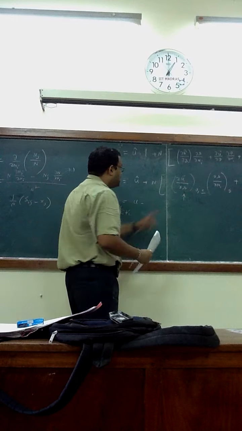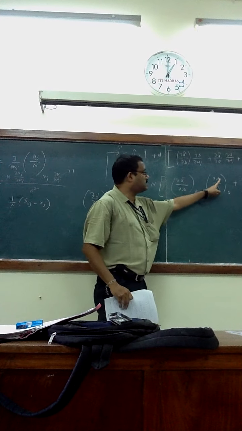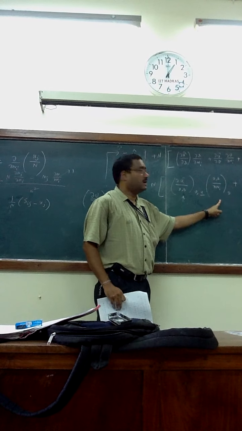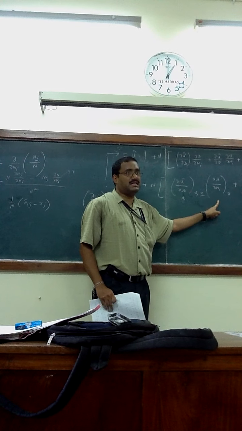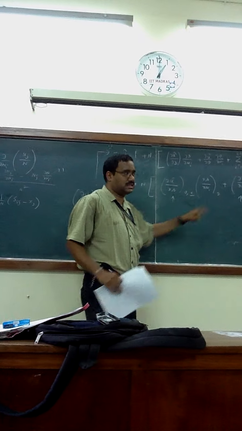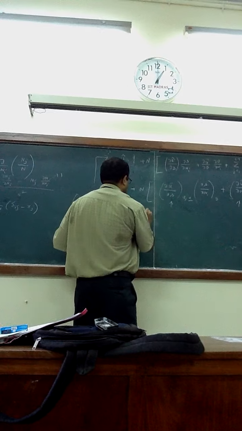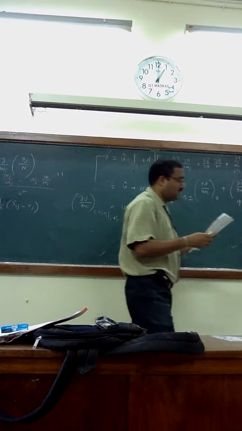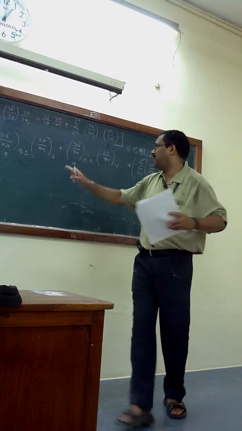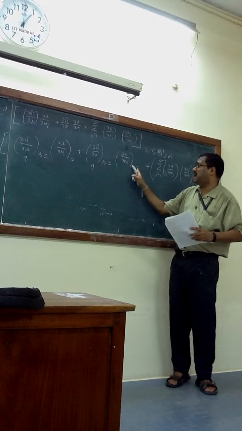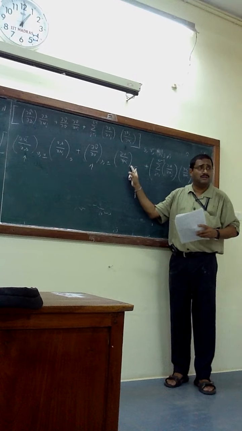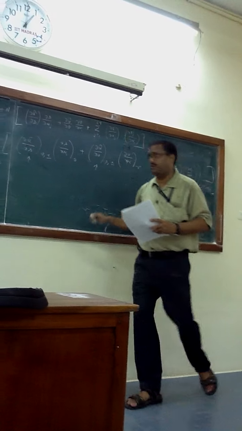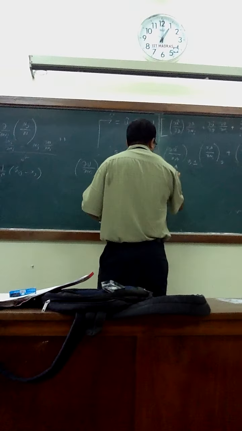This is T. This is minus S by N square times N, that minus S by N is small s. It is minus Ts. Next, this is minus P, and this is minus V by N square. Minus minus plus, so it will be plus PV.